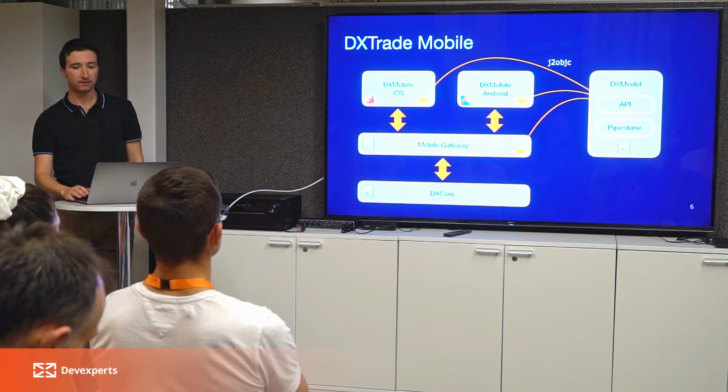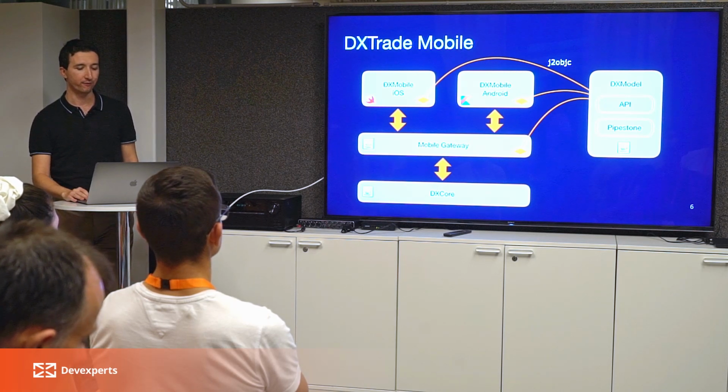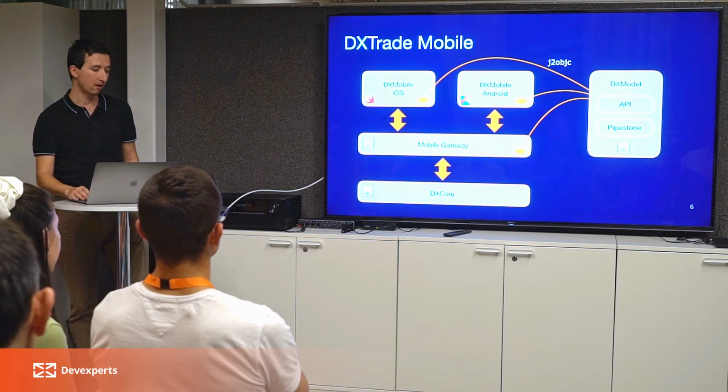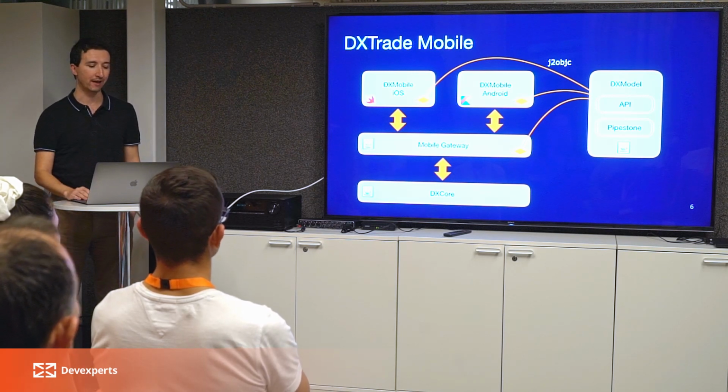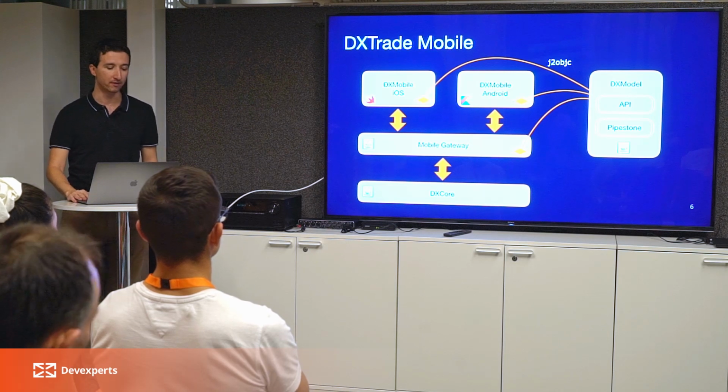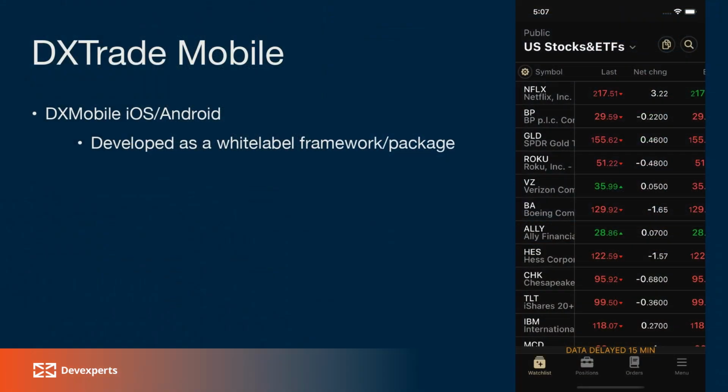The server part is written in Java, as Ivan previously mentioned, and the iOS and Android apps are mostly done in Swift and Kotlin. So the way we develop the apps, they're basically developed as a package or a framework.